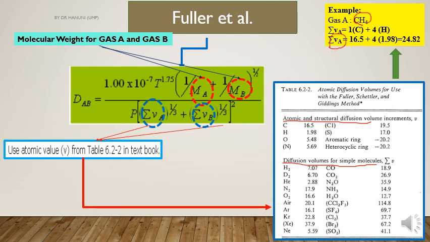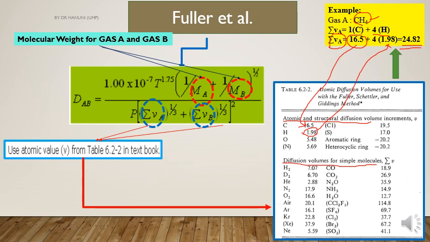From the stoichiometric formula, we know that methane has 1 C and 4 H. From the table, we know that C has the value 16.5, and for hydrogen the value is 1.98. So we multiply that by 4 and add the value from the carbon. There we are, we have the value of the summation of VA.